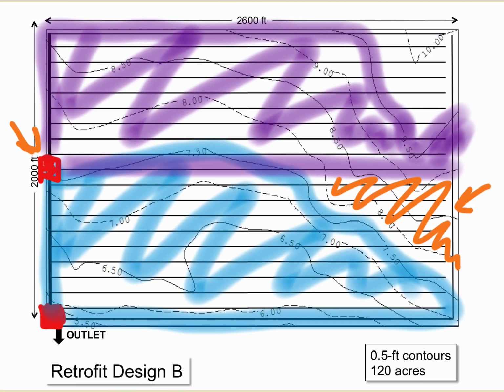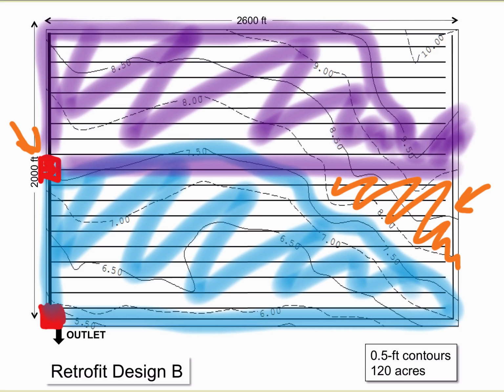Now, as we look at this, here we were able to pretty effectively use 2 structures and pick up what percent of this field would you say? Close to 80% maybe of the area of this field. Why did it turn out so much better for Retrofit Design B compared to Retrofit Design A? Why do you think that is?